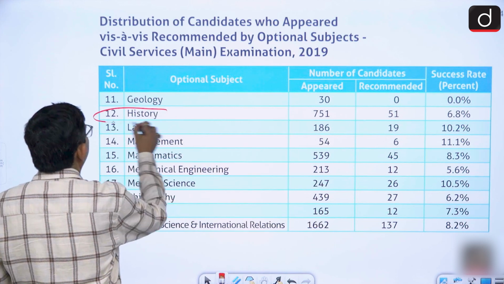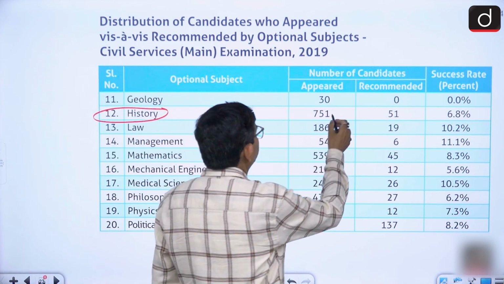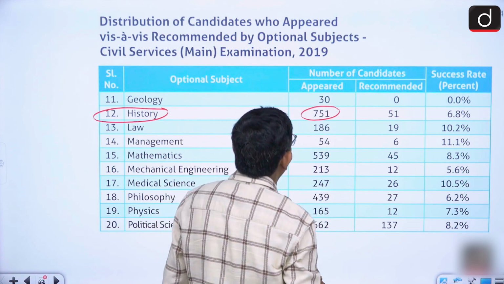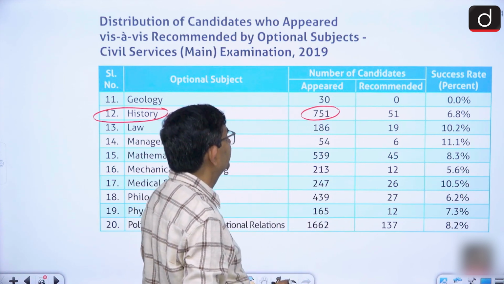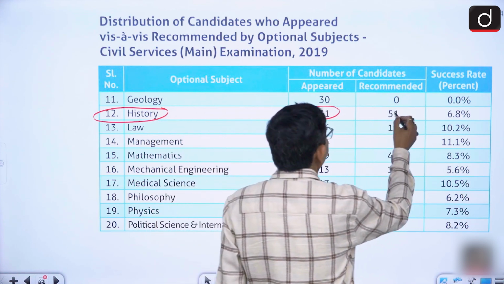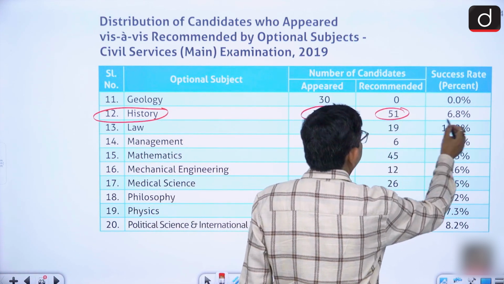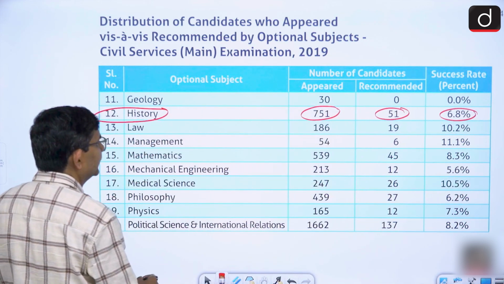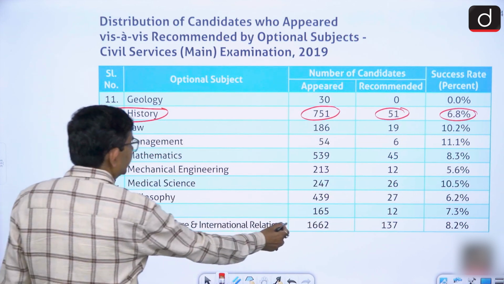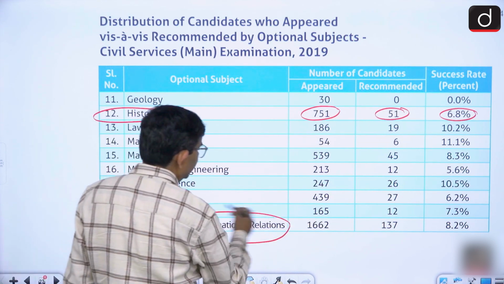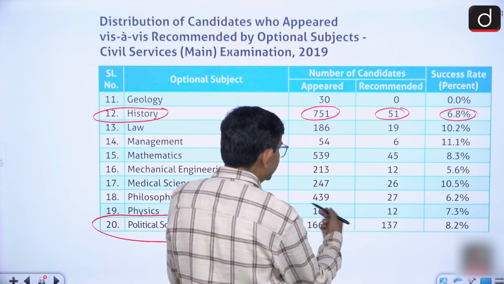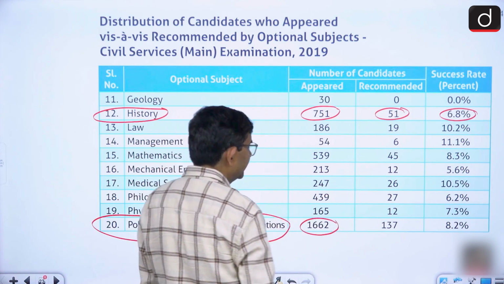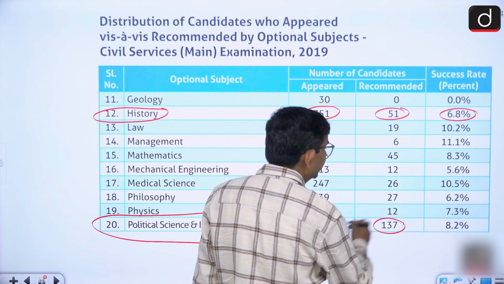In history, there is a little drop from around 800 to 751, and 51 got recommended. Success rate is 6.8%. And in PSIR, there is an increase in the number of appearing candidates, 1662, and 137 recommended.